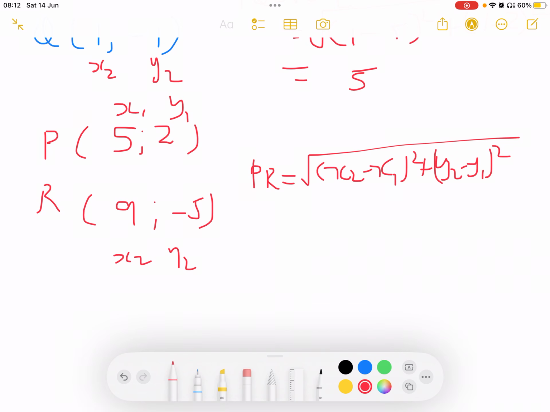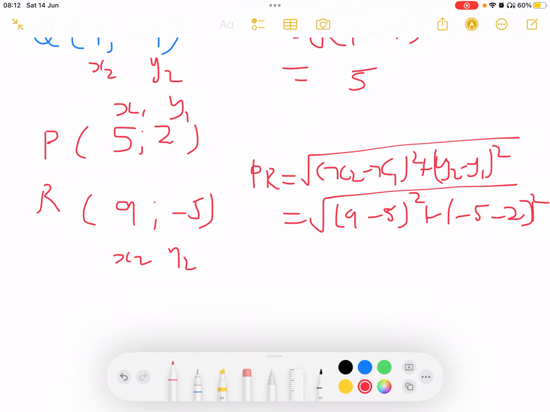Then we substitute, and when we substitute, we're going to get 9 minus 5 squared plus -5 minus 2 squared. This is equal to, if you punch it in a calculator, you get square root of 65.